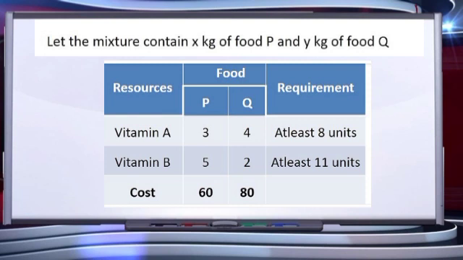The very first thing that you need to know is how to frame this table. Once you are able to frame the table, the rest of the question is similar to what we have done in exercise 12.1. So this concept of framing the table is very important in these problem situations.